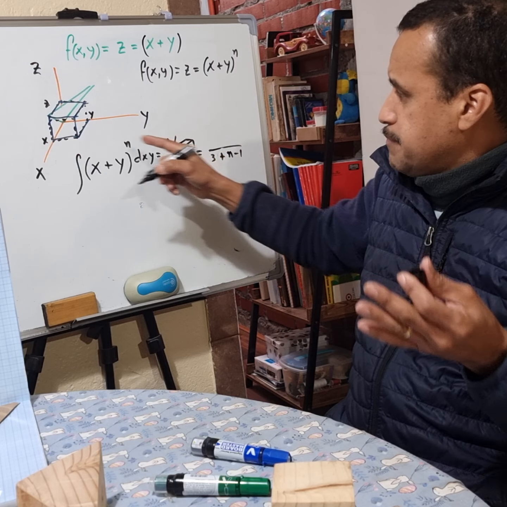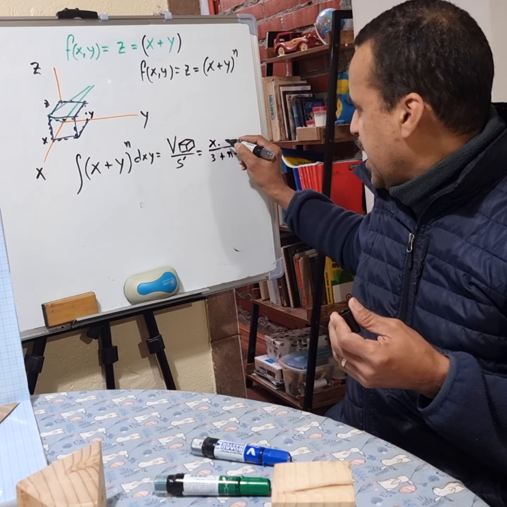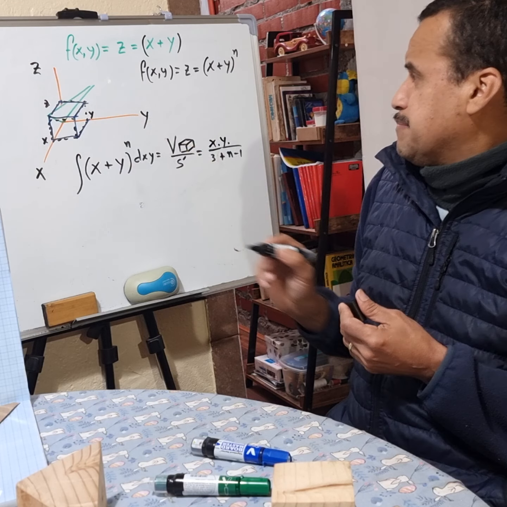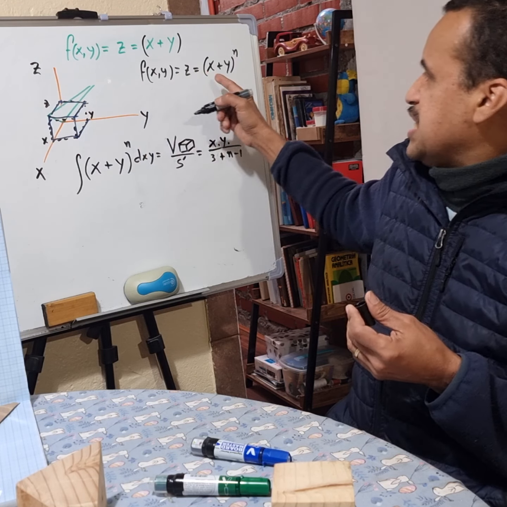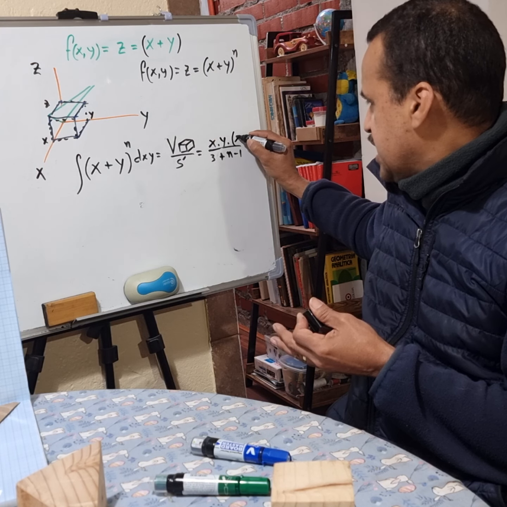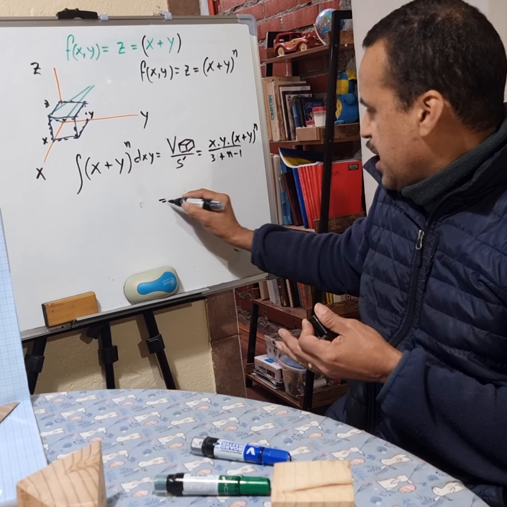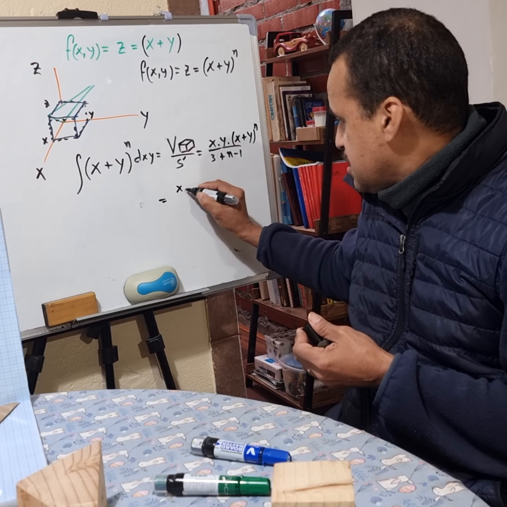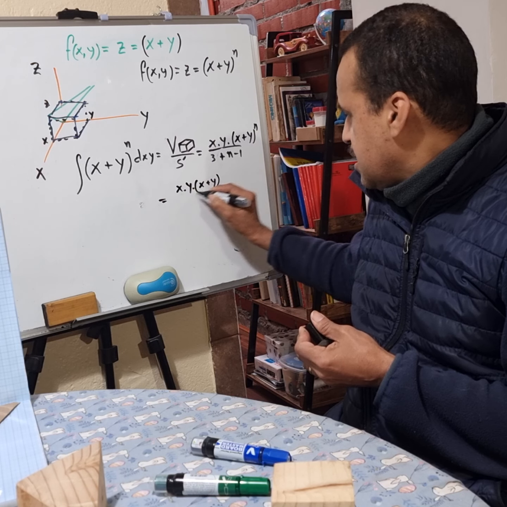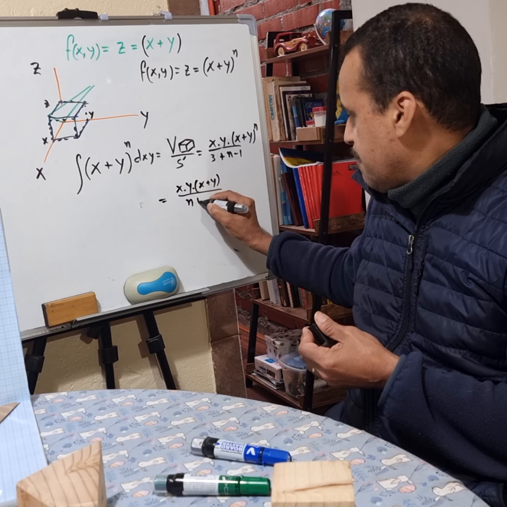And the length is s, the width is y, and the height is no longer s plus y, now it is s plus y to m. And finally we have the following formula: s times y times s plus y to m, divided by 3 plus m minus 1, which is m plus 2.